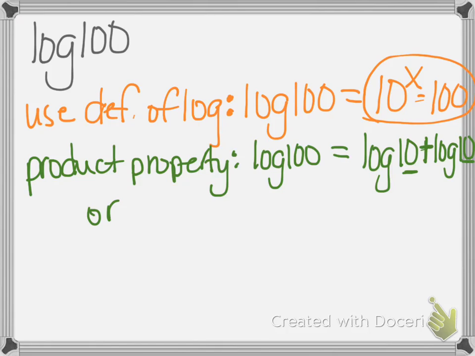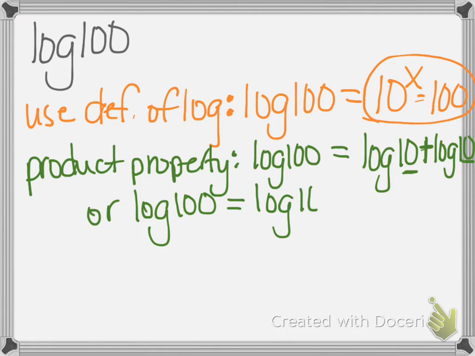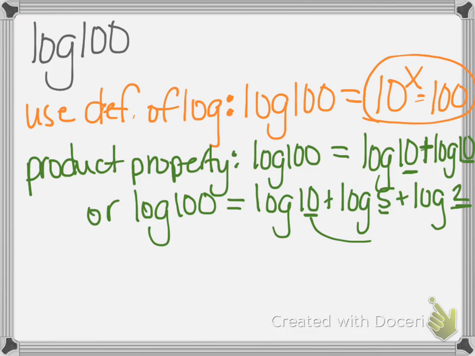Or log 100 could equal log 10 plus log 5, so now I'd be at 10 times 5 is 50, plus log 2. Because now I have 10 times 5 is 50, times 2 would be 100. So there's another way I could represent log 100.